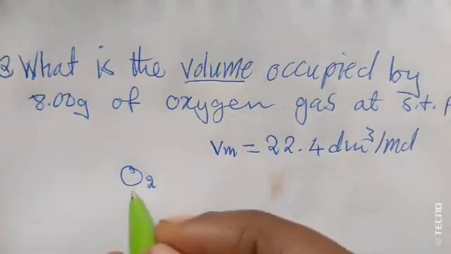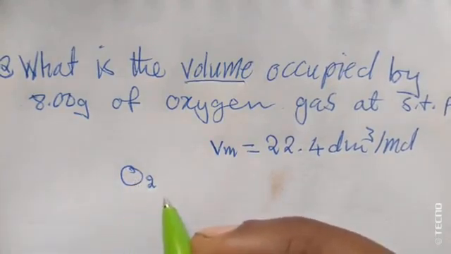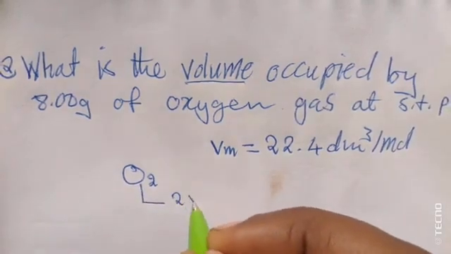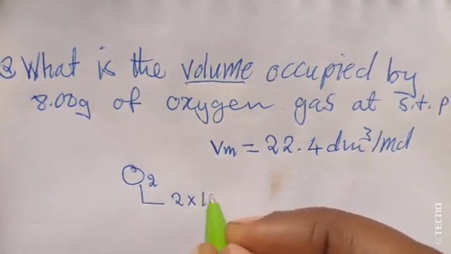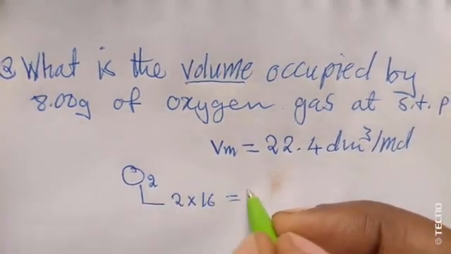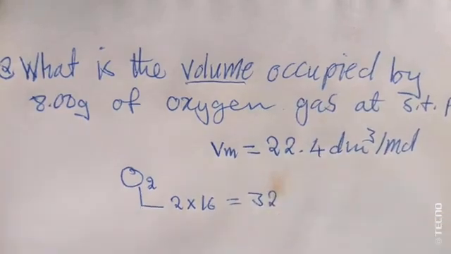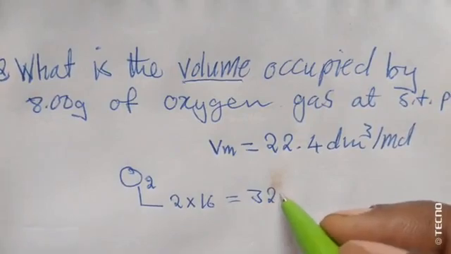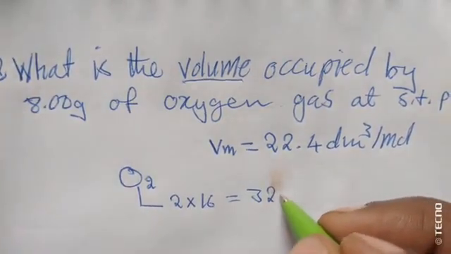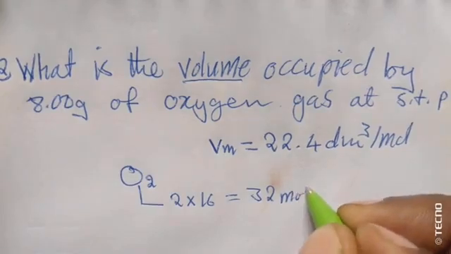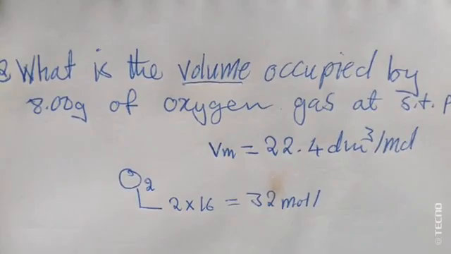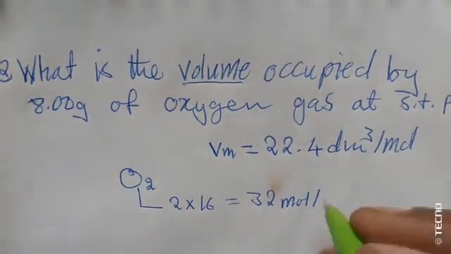To find the molecular mass, it's 2 times 16, which will give you 32. The molar mass is 32 grams per mole.